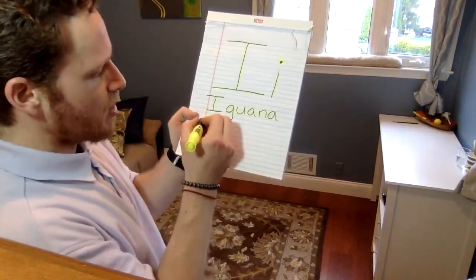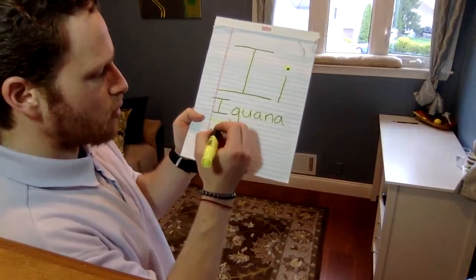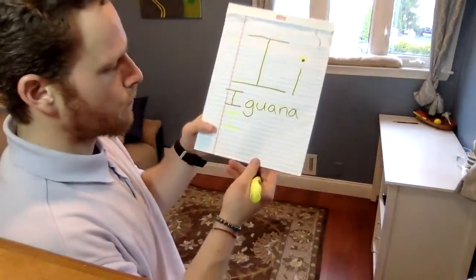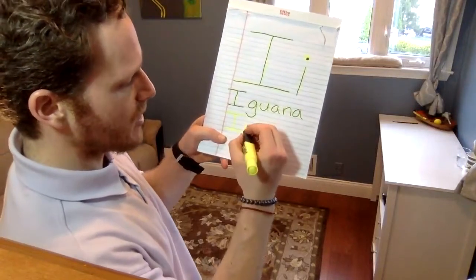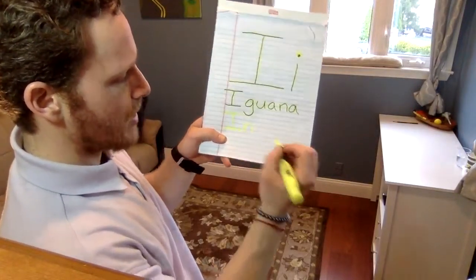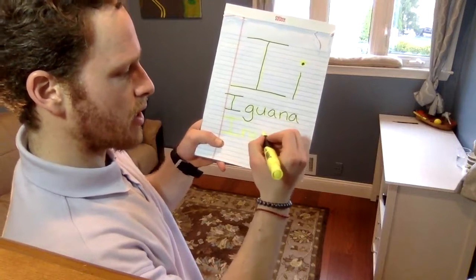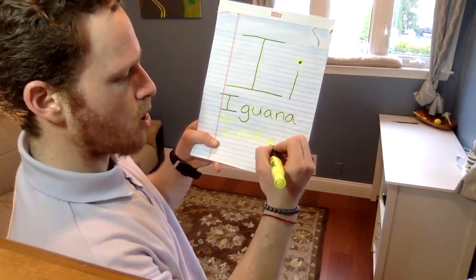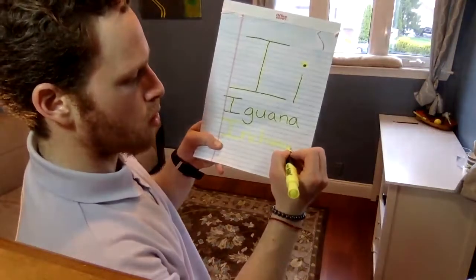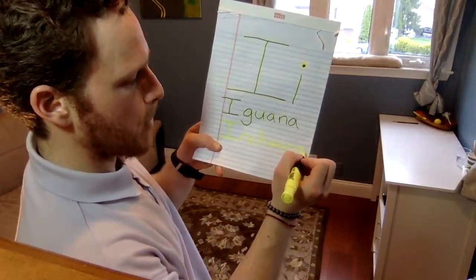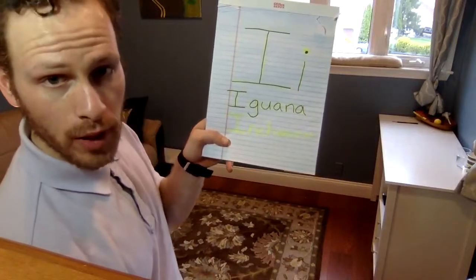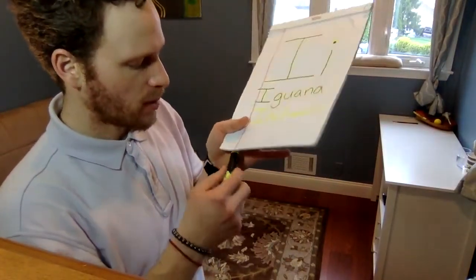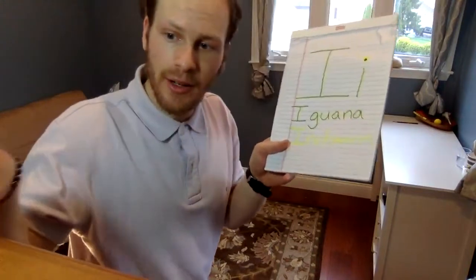We could do all capital, all lowercase, or we can try to make that first letter capital and our next letters lowercase. In, ch, w, o, r, m. Inchworm.